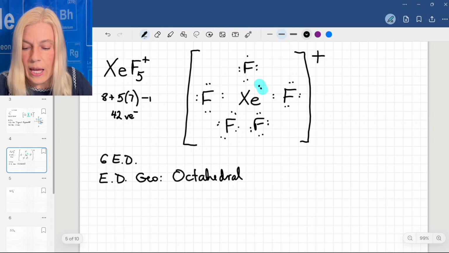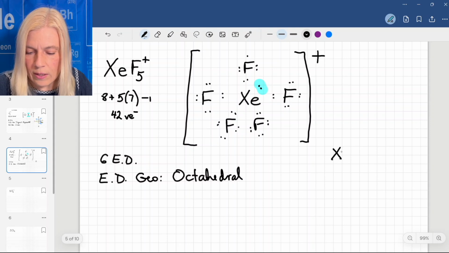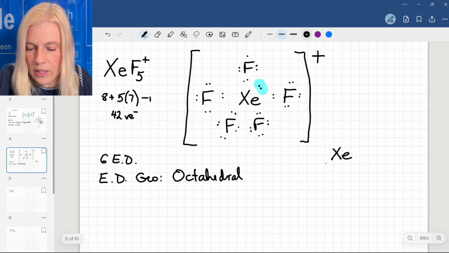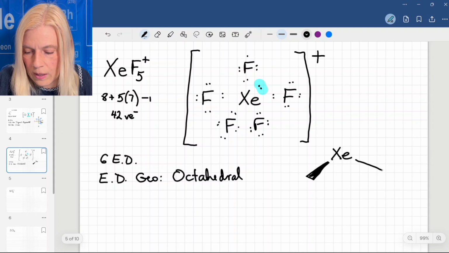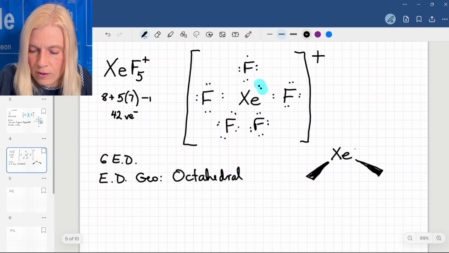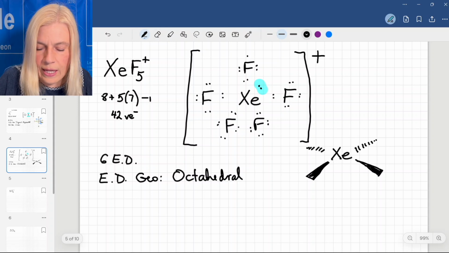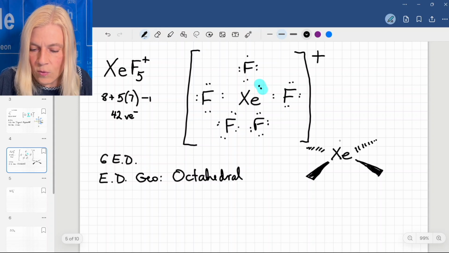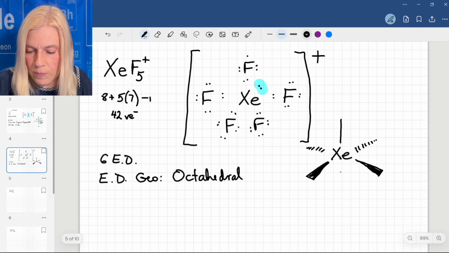And let's draw it. And the way we draw this is you're going to put Xe, and when we draw it, 2 are going to be sticking out right towards you, and 2 are going behind. So these guys are all on the same plane, one on the paper and this on the paper.